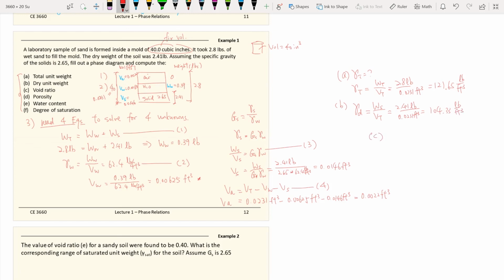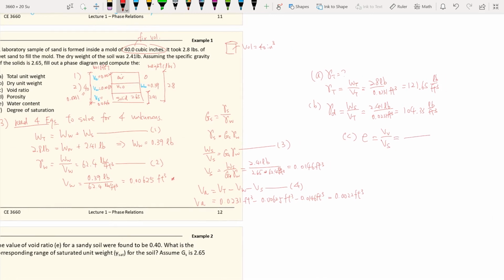And part C of the problems asks you to solve for the void ratio, which is equal to the volume of void divided by the volume of solid. Again, we can find the information on the phase diagram.